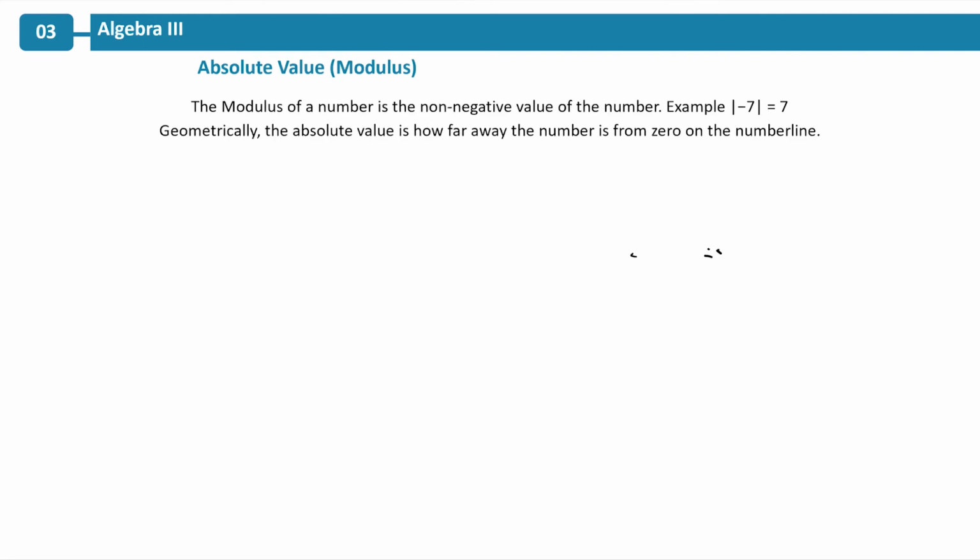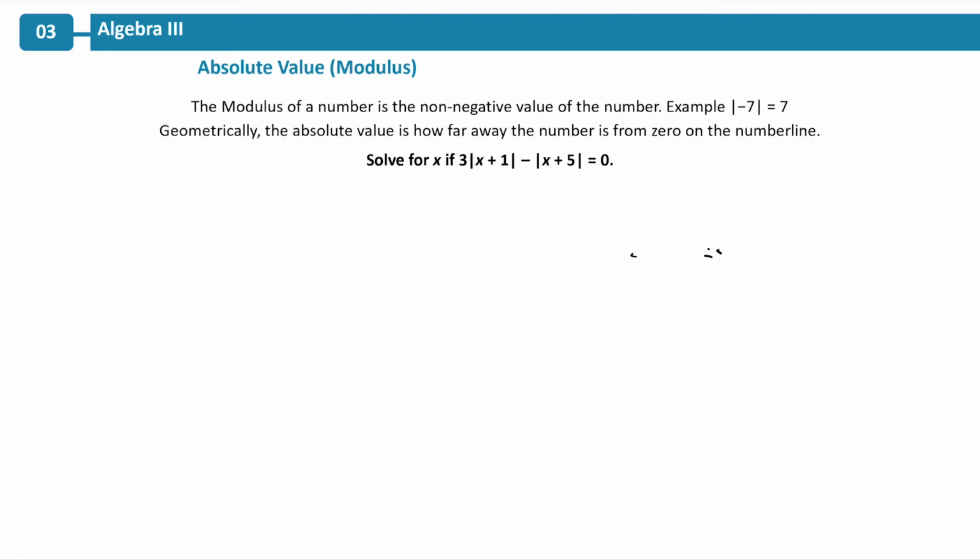So reminding ourselves that the modulus of a number is the non-negative value of the number. Here we're asked to solve for 3 times the absolute value of x plus 1 equals the absolute value of x plus 5. In this case, if you have two absolute values in your equation, you must isolate one of the absolute values before you solve.